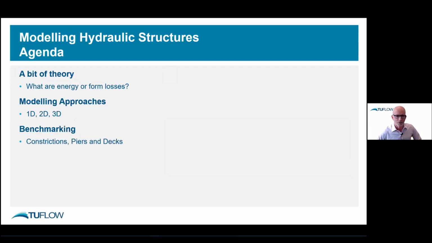And then we'll focus on a series of benchmarking tests just to demonstrate how different approaches can affect your results and try and give some insight as to maybe the best way to model a hydraulic structure, a cross drainage structure. So I'm going to really focus on what happens at constrictions, what happens around piers, and what happens when your bridge deck gets surcharged or submerged.